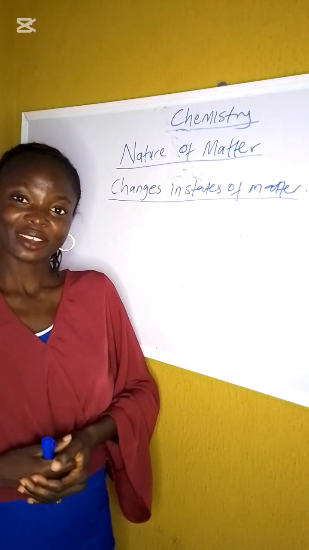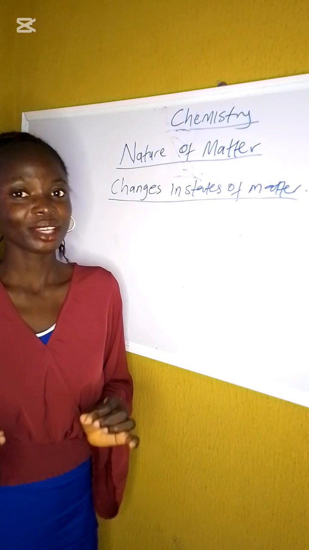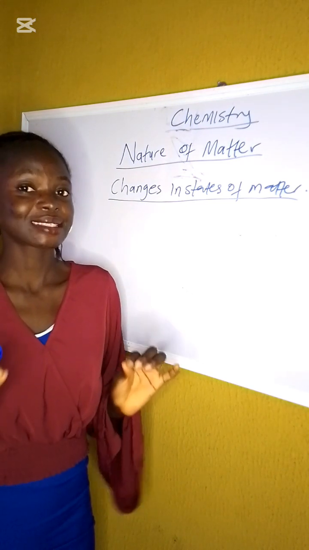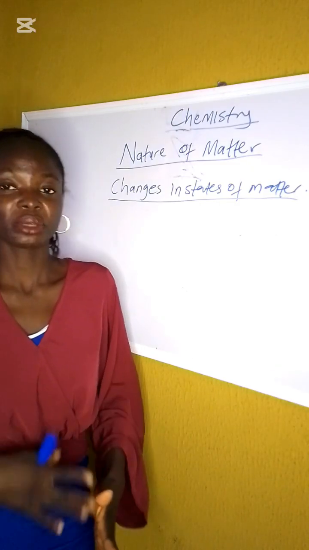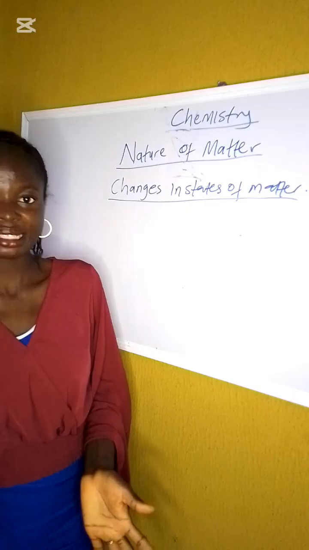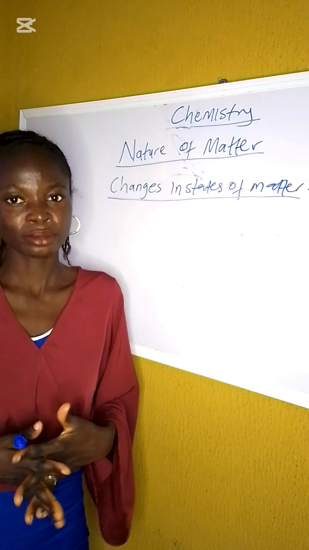Now, I've been talking about changes since I started this class, and I can tell you that matter can change from one state to another. That is, from solid to liquid, from liquid back to solid, solid to gas, gas to liquid, gas to solid, and all of that.